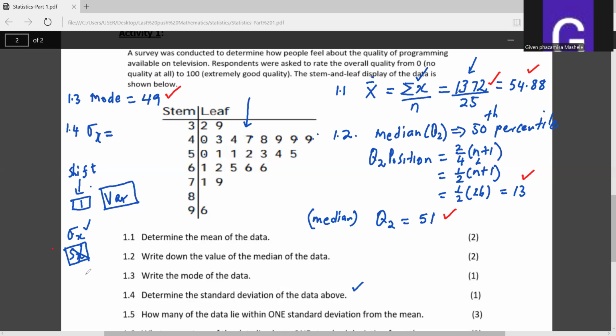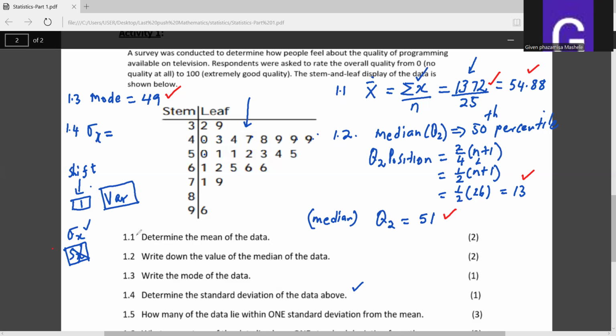So now we're going to use the population standard deviation. However, in reality, we're supposed to use the sample standard deviation, because the data is sampled and is not actually for the whole population. But in terms of your syllabus, we only use sigma x. So now we're going to press 3.